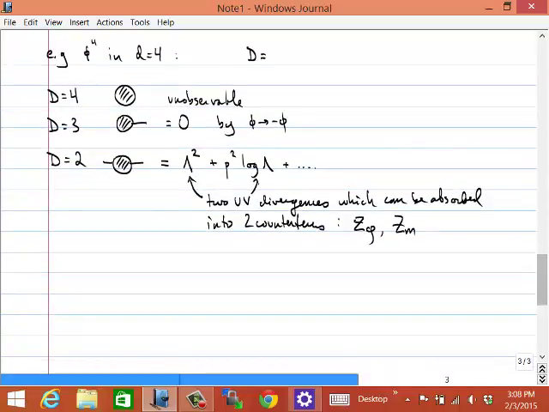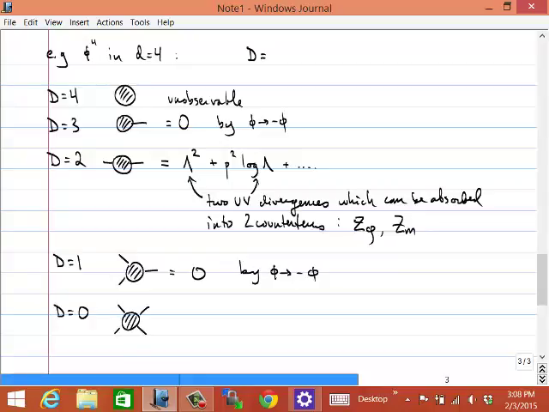And then finally, as we mentioned, at d equals 1, you have this 3-point function, which is equal to 0 by symmetry. And the final divergent graph is the one that renormalizes the 4-point function. This is going to be logarithmically divergent because the degree of divergence is 0.